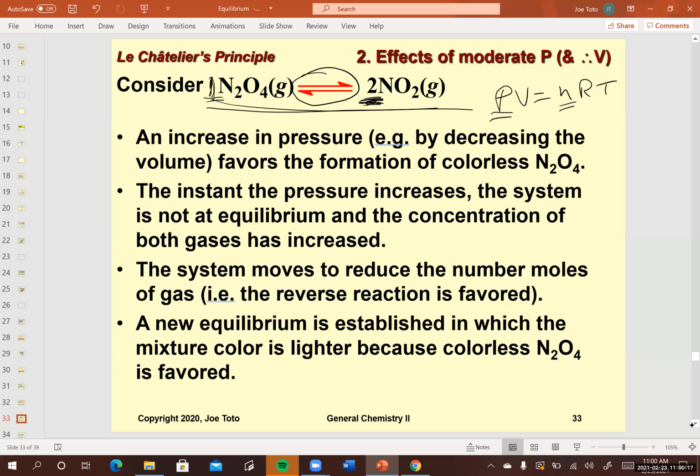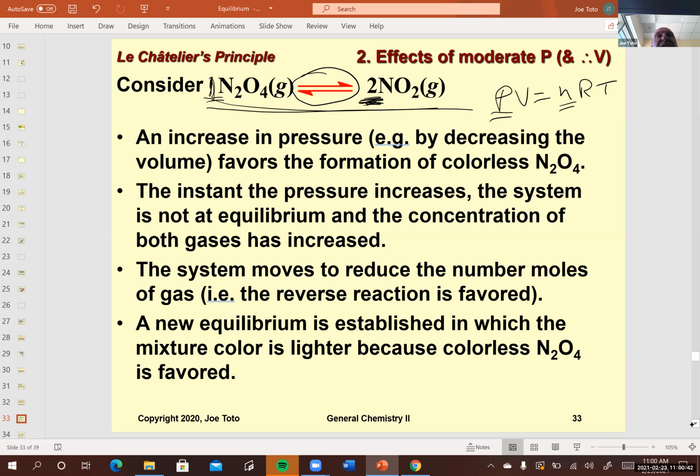Could you also say that when you increase the pressure, you're increasing the kinetic energy? So there's more molecules of NO2 bumping into each other, forming N2O4. Yeah, that could be part of it. So you have more effective collisions.